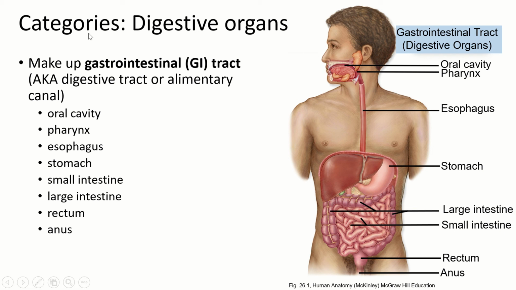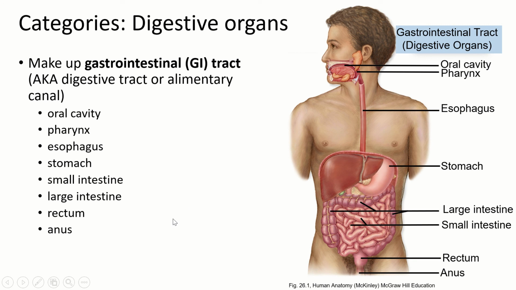So the GI tract starts in the mouth at the oral cavity, continues to the esophagus, into the stomach, from the stomach to the small intestine, from the small intestine to the large intestine, and then finally through the rectum where waste is stored until it is removed from the body through the anus.